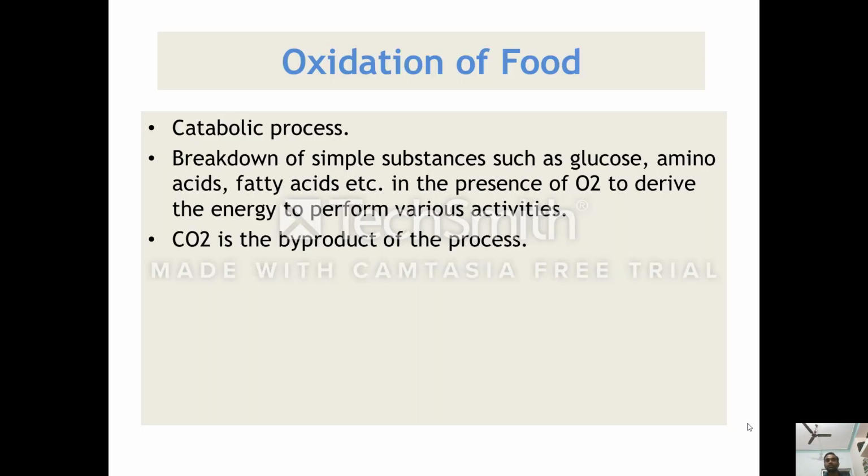Oxidation of food is basically a catabolic process.